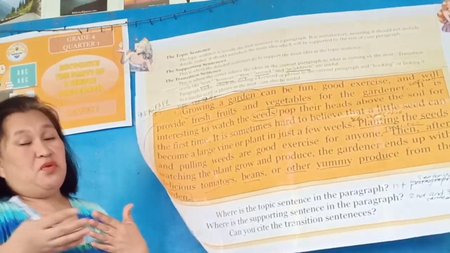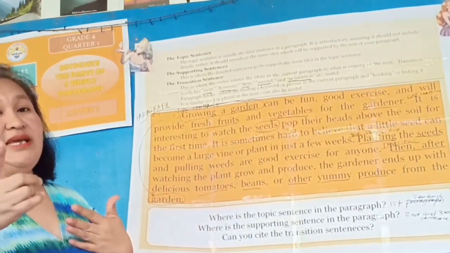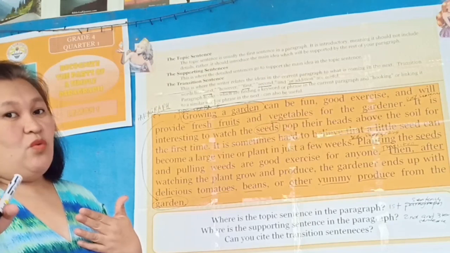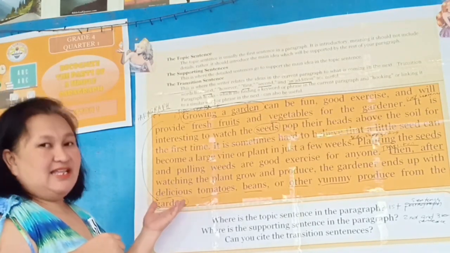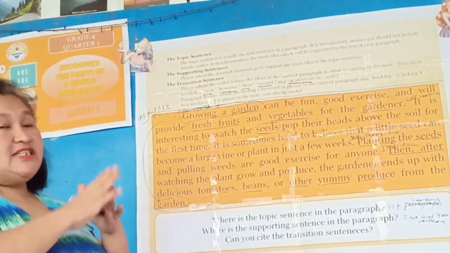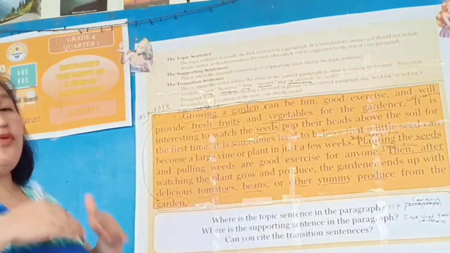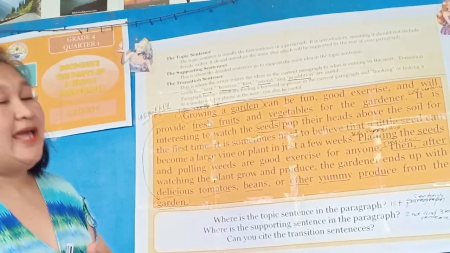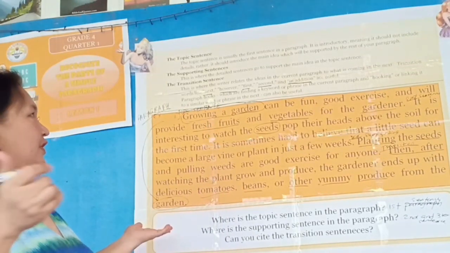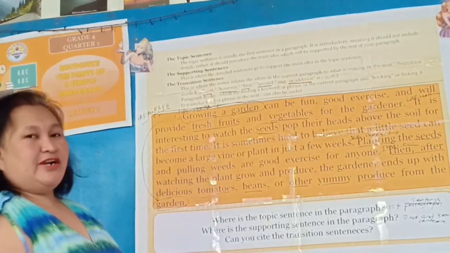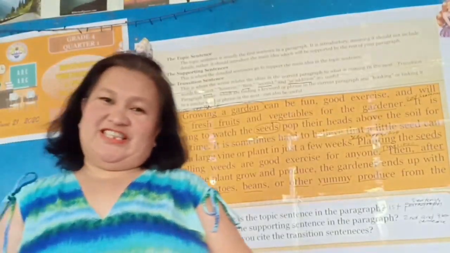There might be two or more, but they only support what is written in the first sentence. And the last sentence usually is the transition going to the next paragraph or ending our short story. So I hope you learned something about our English for our first lesson.